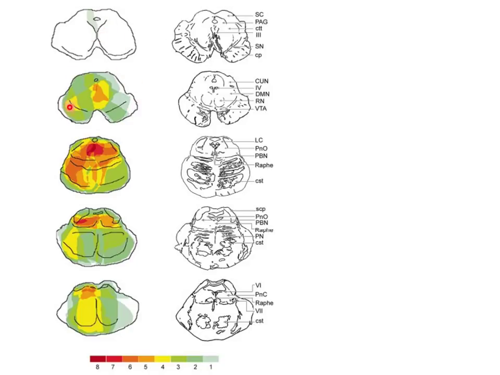We see the overlap in red of where most of the patients had damage, and we can see from the midbrain down through the pons that most of the damage was in this tegmental region, and particularly near the midline, but extended much more laterally than the midline, and it was right in what we would have referred to as the reticular formation. And we see it here in the midbrain, pons, in central regions.